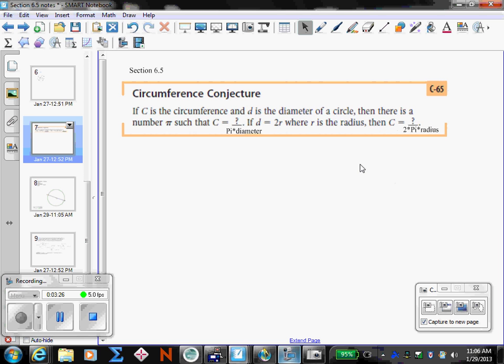But 2 times the radius is the same thing as the diameter. Okay, so either formula that you want to use is fine with me. And you also need to remember that circumference is the length around the circle. Okay, we can't measure curved surfaces, so we need to use this formula.